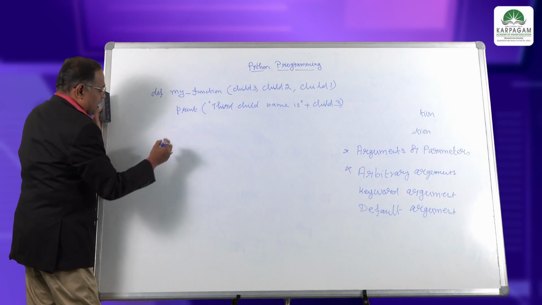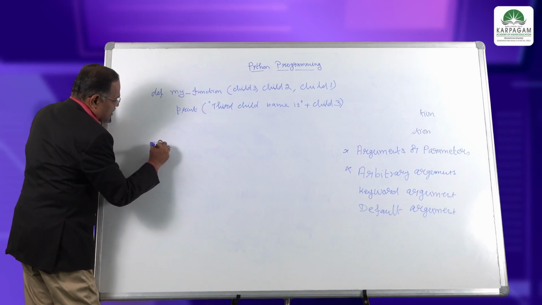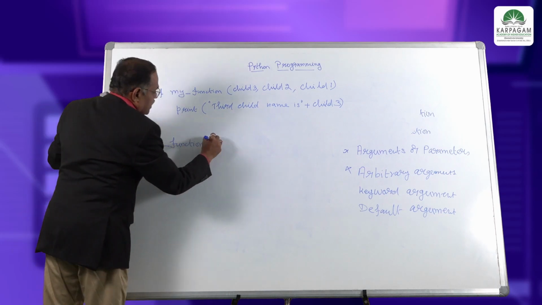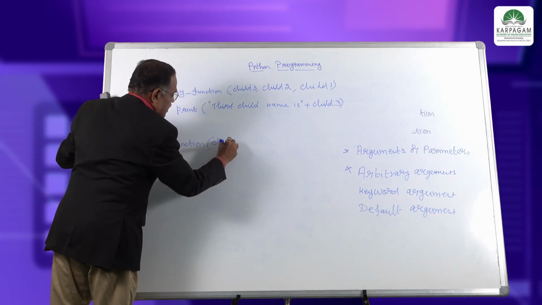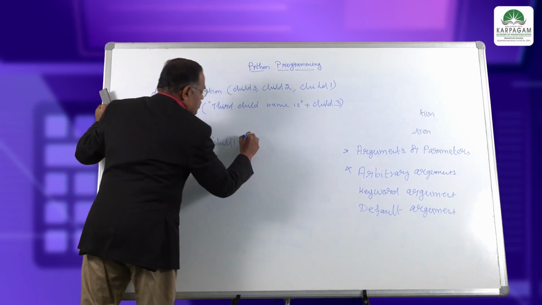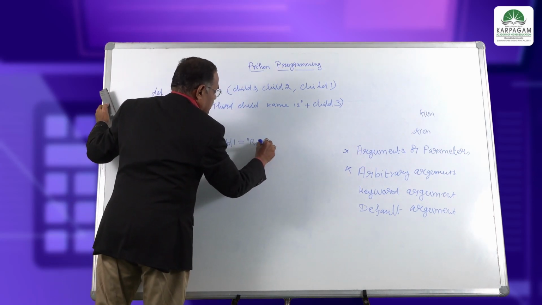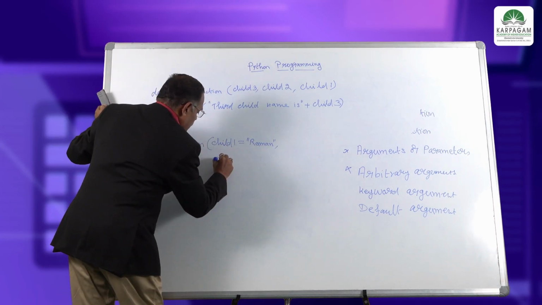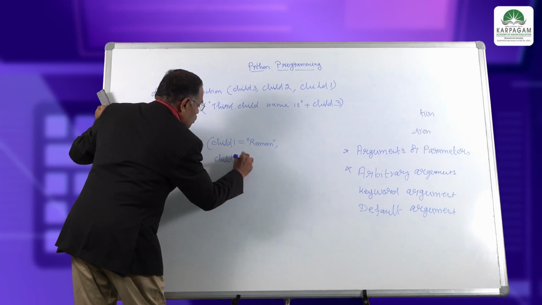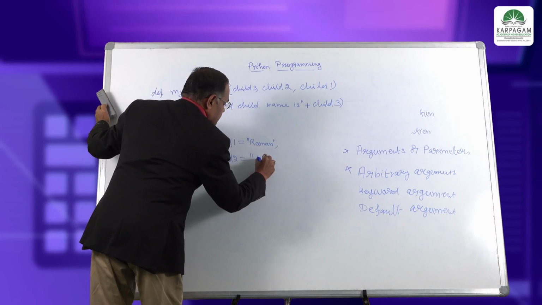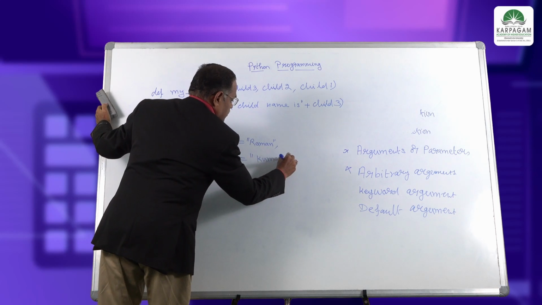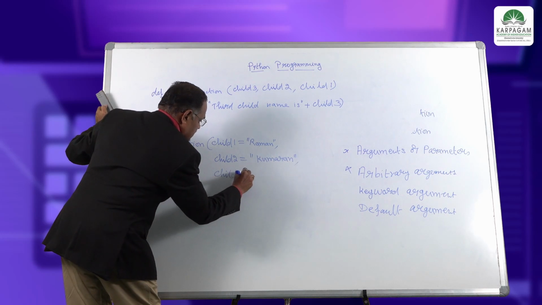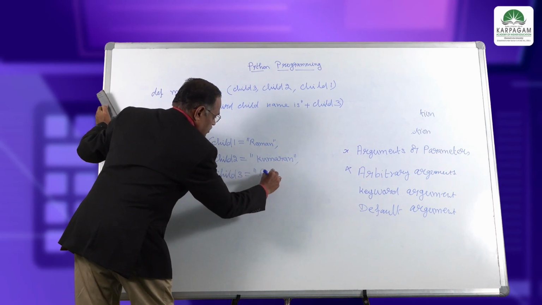Now I am going to pass arguments in my calling function. child1 equal to double quotes Raman, child2 equal to Kumaran, child3 equal to Arun.